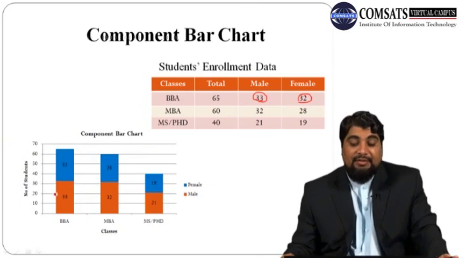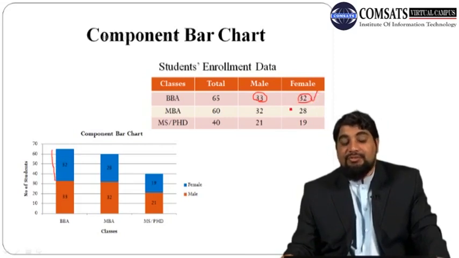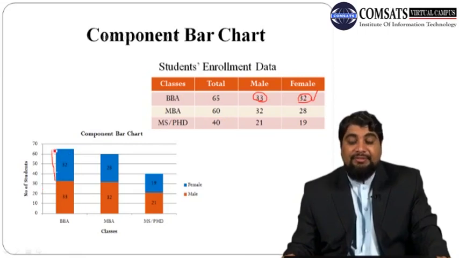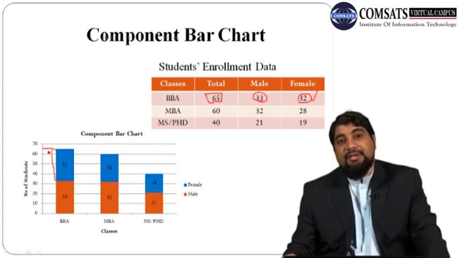Now start counting the number of female students from the point where we ended with male students. Start with 33 and move up 32 units, which is the number of female students. From 33 you have to add 32 to it. So 33 plus 32, we end up at 65. So this height goes up to 65.